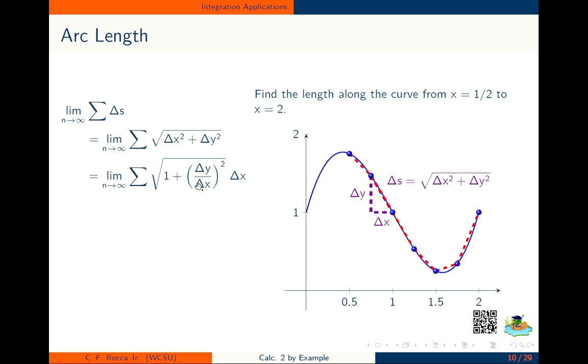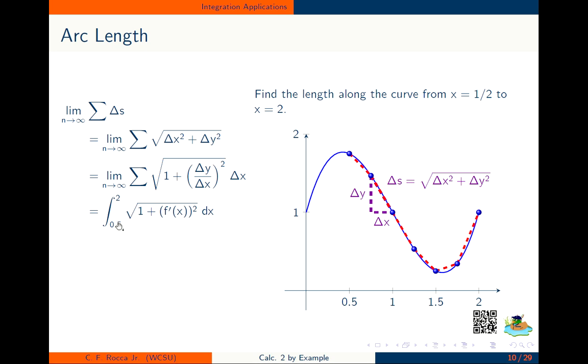And if I take the limit as the number of lines goes to infinity, that slope is going to become the derivative. So when I move from the Riemann sum to the integral, the change in y over the change in x becomes the derivative. This is one of the reasons that one of the first videos I did in this series focused on the definition of the derivative. So this is the formula that will give us the arc length of this curve from 1/2 to 2.